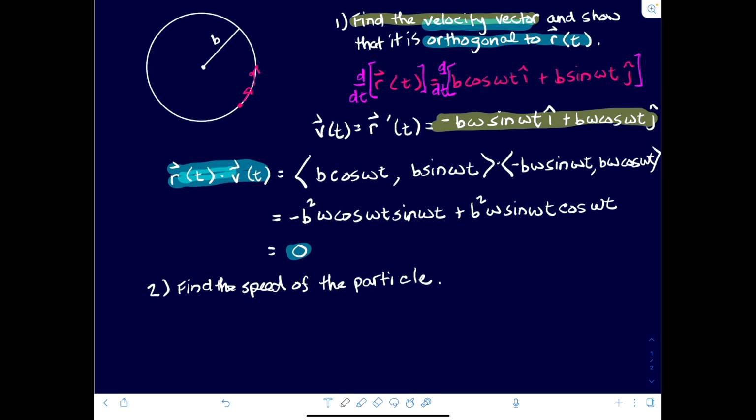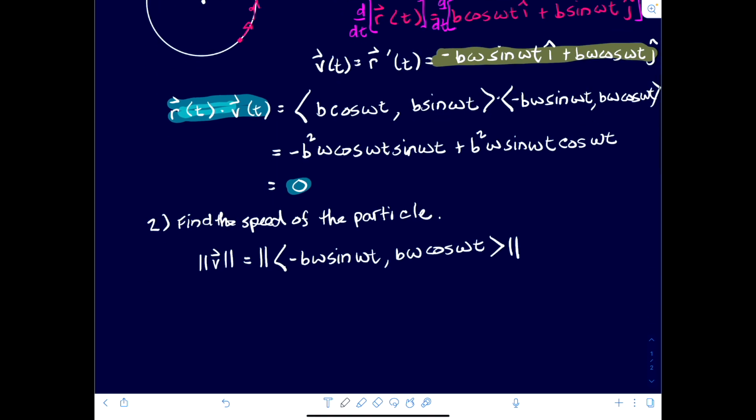So in order to find that, we will find the magnitude of our velocity vector, which is the magnitude, I'll put it in component form, of our vector negative b times omega sine omega t, and then b times omega cosine omega t, and then that will be equal to the square root of the sum of the squares, right?